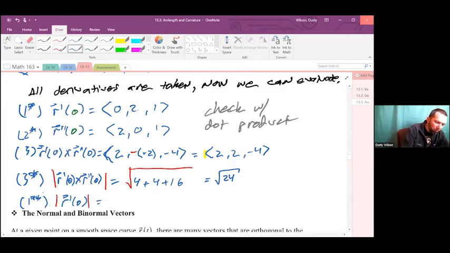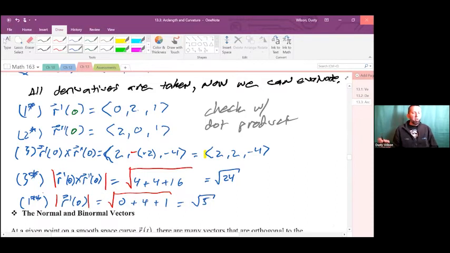And this will be equal to the square root of 0 plus 4 plus 1, which is a funny way of writing square root of 5.